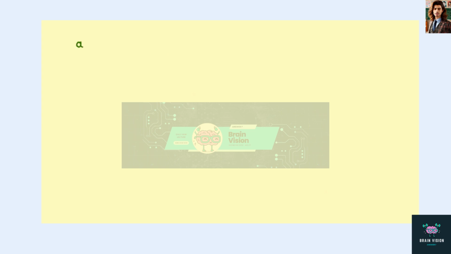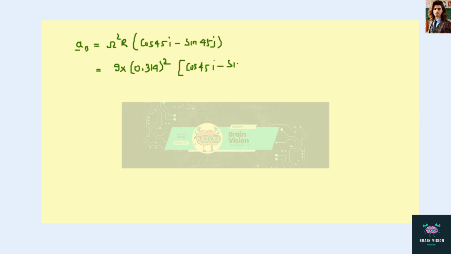Now let us express the acceleration of observer in terms of vector. So we will write AB is equal to omega square r cos 45 i minus sin 45 j meter per second square. So let us put the value of omega. R is 9 multiplied by omega, 0.314 square, cos 45 i minus sin 45 j.